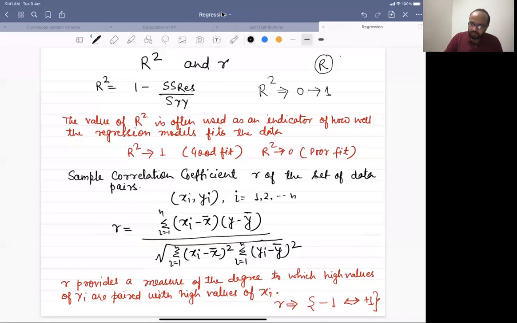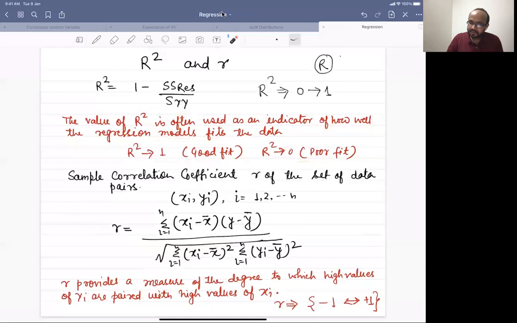So R square, we know now, is a measure of how well your fitted regression line explains the variability in Y. It's a quantitative indicator of how well the regression model fits the data. It varies from 0 to 1. For 0, it is a poor fit. If it is close to 1, it's a good fit.